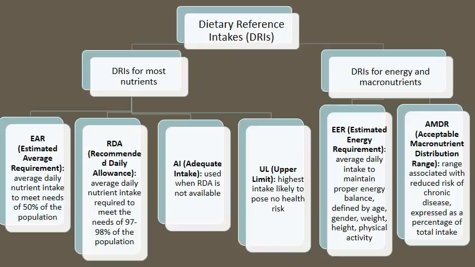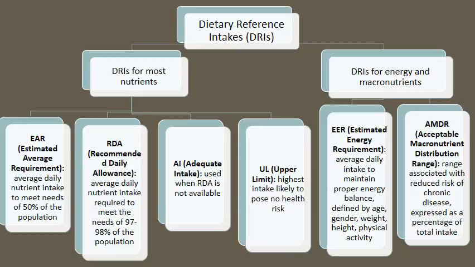So then on the right-hand side, you see DRIs for energy and for macronutrients. So what's written on the left, the DRIs for most nutrients, tends to pertain to our micronutrients, although they do also pertain to the macros. But the macronutrients also have a couple other specific reference values. That's going to be your EER and your AMDR.